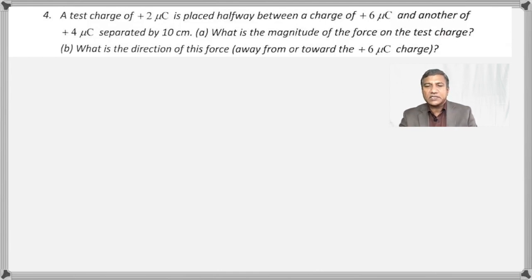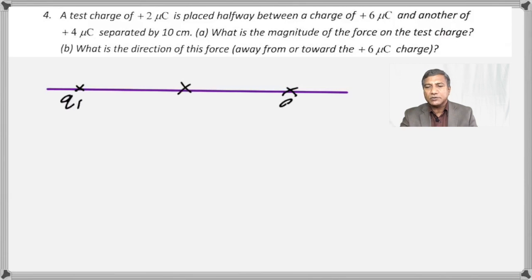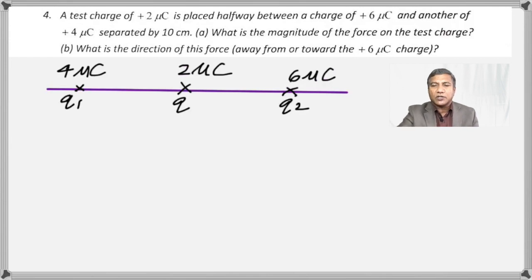Now let's set up the diagram and see how it is. So here are the 2 charges, Q1 and Q2, 4 microcoulombs, 6 microcoulombs, and then you have the test charge of 2 microcoulombs exactly midway. The distance between the charges is 10 centimeters.